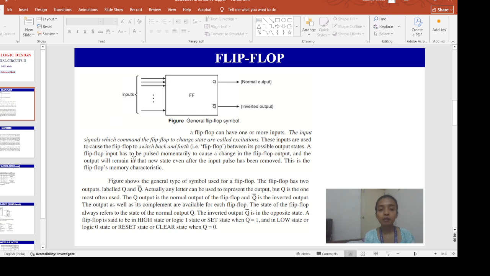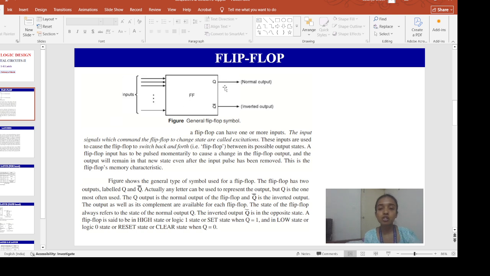A flip-flop input has to be pulsed momentarily to cause a change in the flip-flop output, and the output will remain in the new state even after the input pulse has been removed. This is the flip-flop's memory characteristic. In this figure, a general type of symbol is used for a flip-flop.